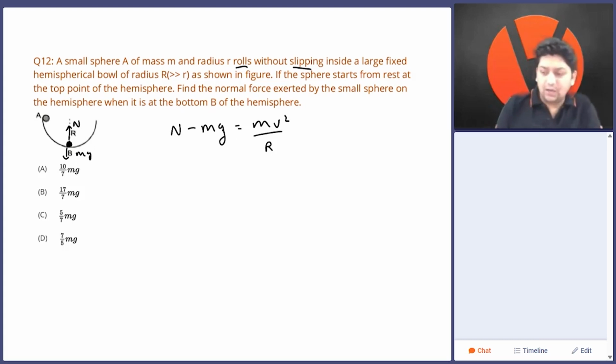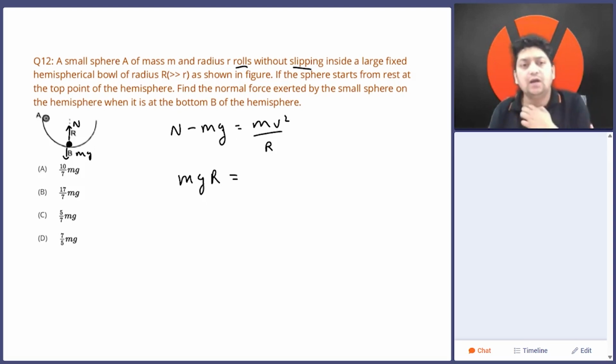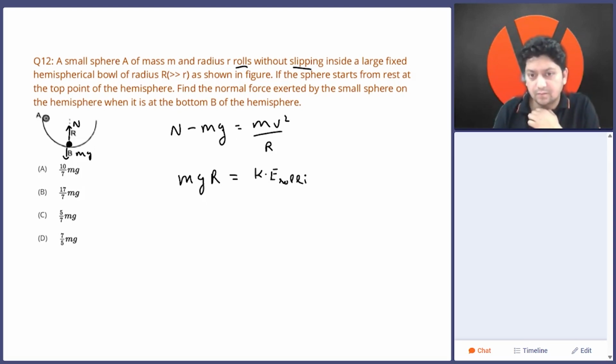Now see, if this object rolls without slipping, it means its loss in potential energy, mgR, will be equal to the kinetic energy of rolling. Kinetic energy of rolling is half m v of center of mass squared into 1 plus I over mr square.